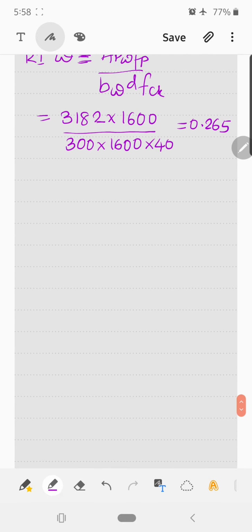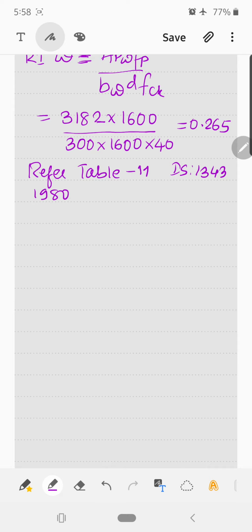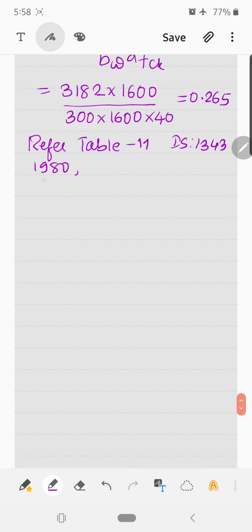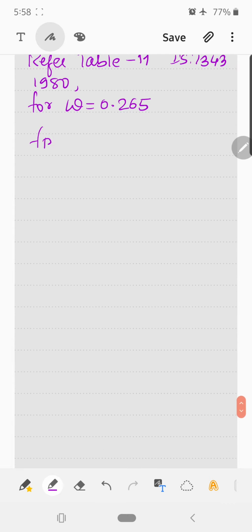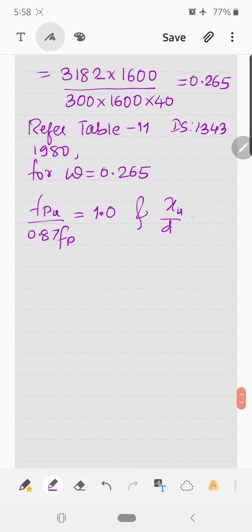Therefore, referring to table 11 of IS 1343 1980, for W equal to 0.265, FPU by 0.87 FP is 1.0 and XU by D is 0.56.